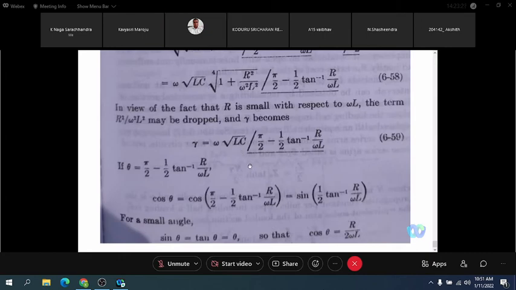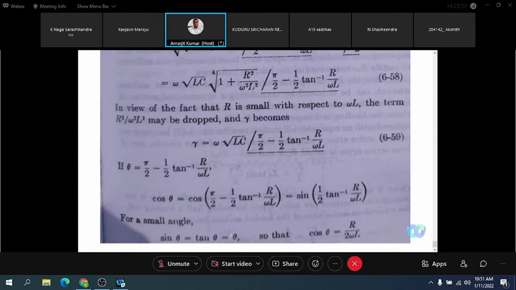Alpha is equal to omega root LC and sin and cos you told, yes. Cos theta, sin theta. So theta is equal to tan inverse R by omega L. For a small angle, sin theta is equal to theta, and tan theta is also equal to theta.